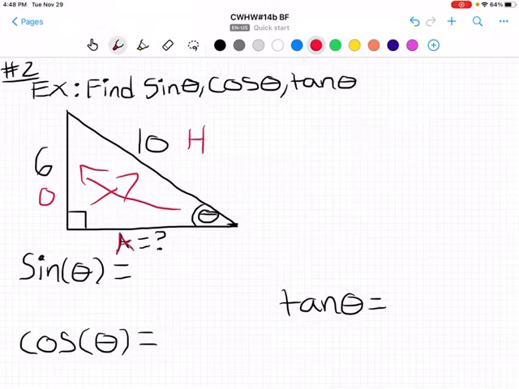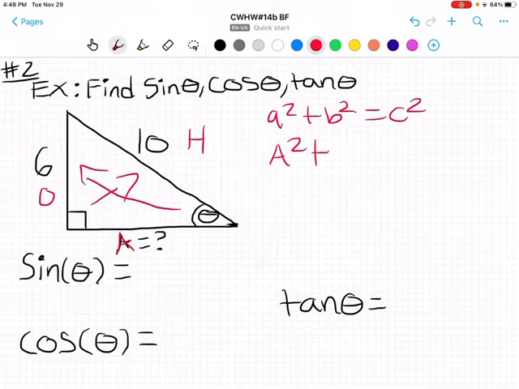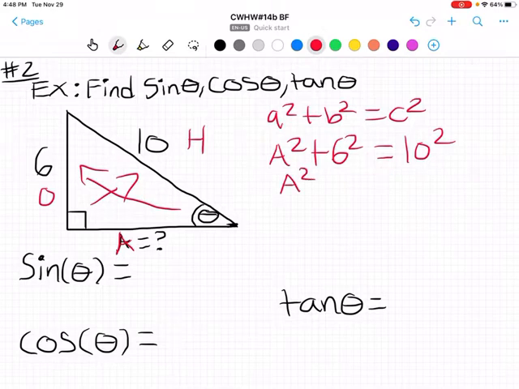To do this problem, we need to know our Pythagorean theorem, which is a squared plus b squared equals c squared. In this case, we don't know one of the legs, so a squared plus 6 squared equals 10 squared. This is going to be some algebra work. So we do a squared plus 36 equals 100.